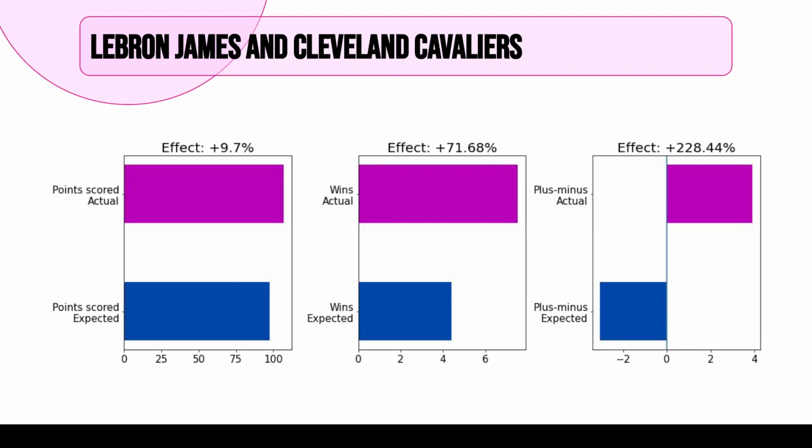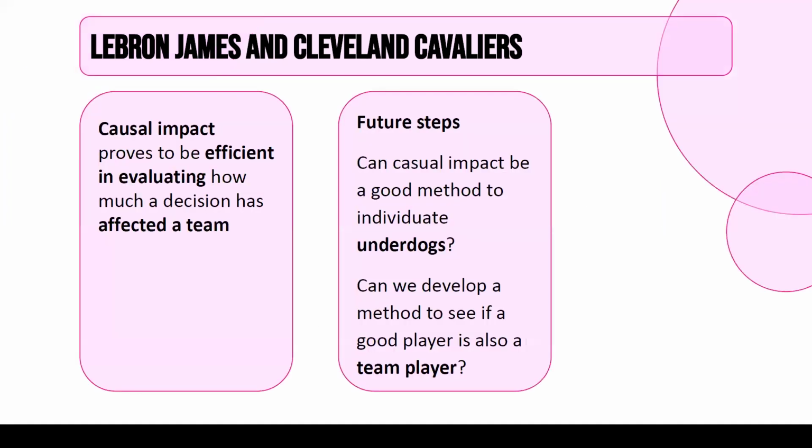And let's say that the Cleveland Cavaliers just won one finals in the NBA, and LeBron James was on the scene when it happened. So we can safely say that this method can be efficient in evaluating how a decision can affect a team. And it could also be a good way to understand if some players in the NBA or in soccer or whatever can be underdogs.